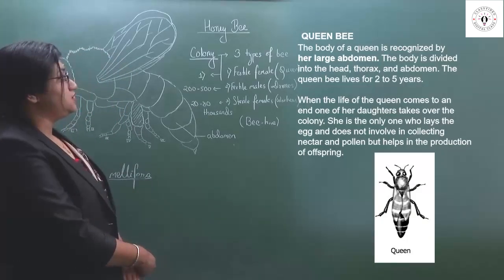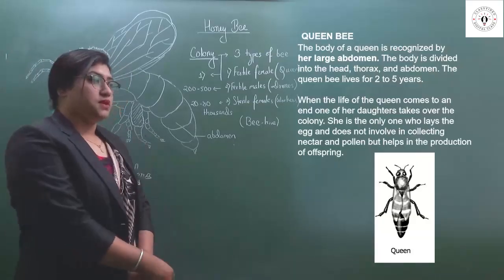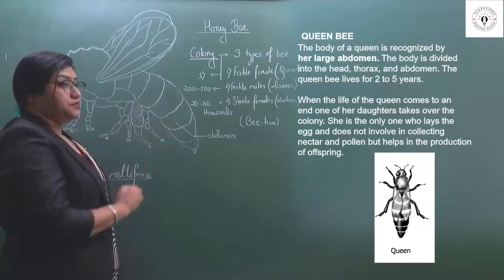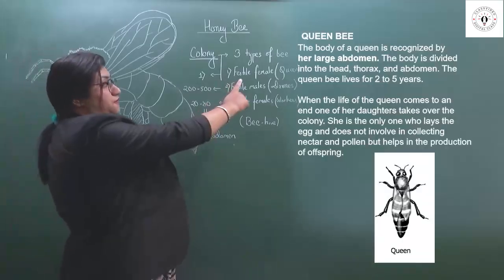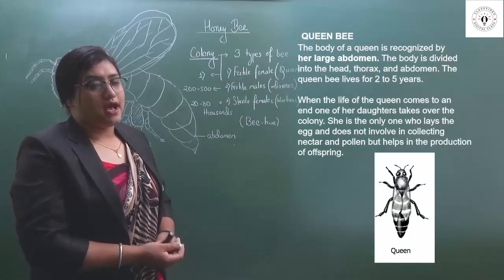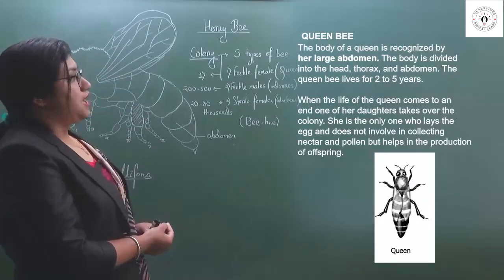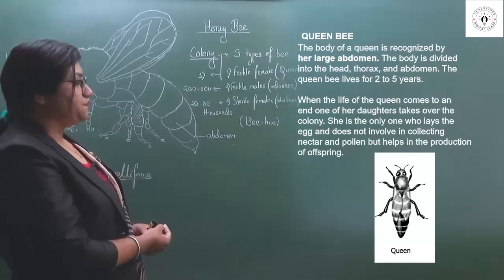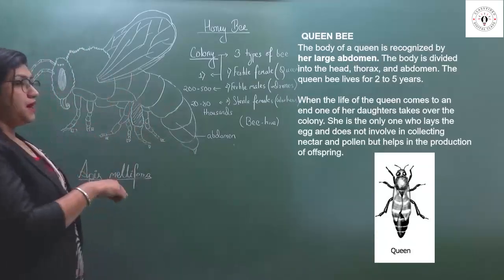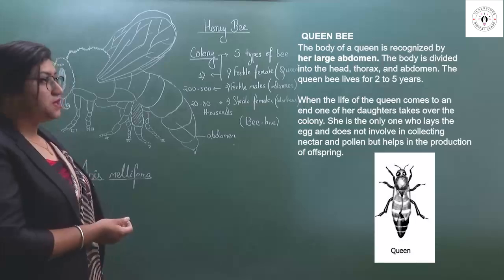The queen is recognized because she has a larger abdomen, because she is the only fertile female, and that is why she needs to hold a large number of eggs in her abdomen. So the abdomen is large. Next, the other parts are all similar to those of other honeybees.